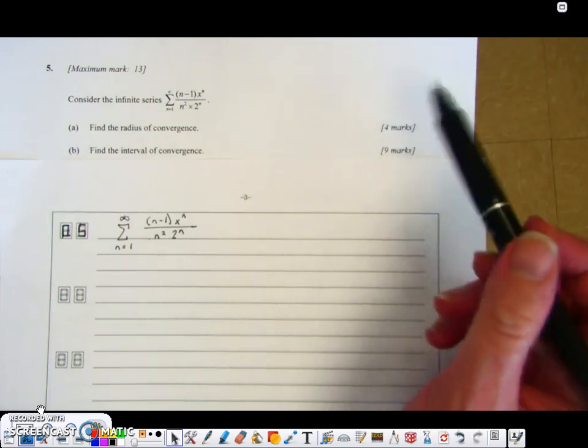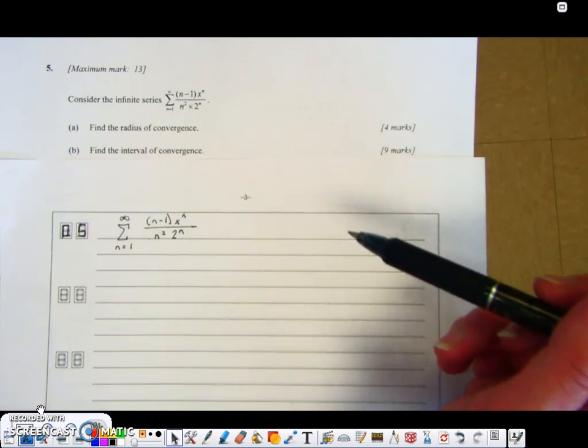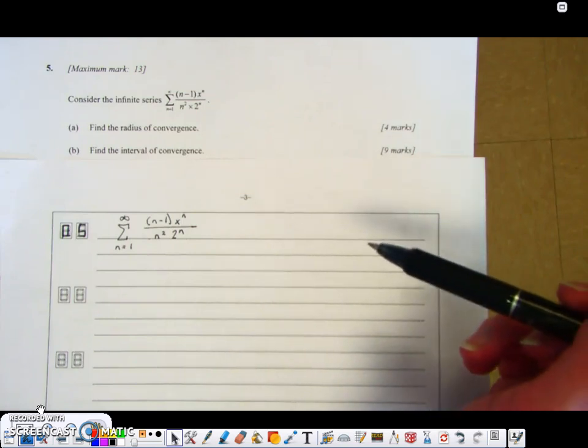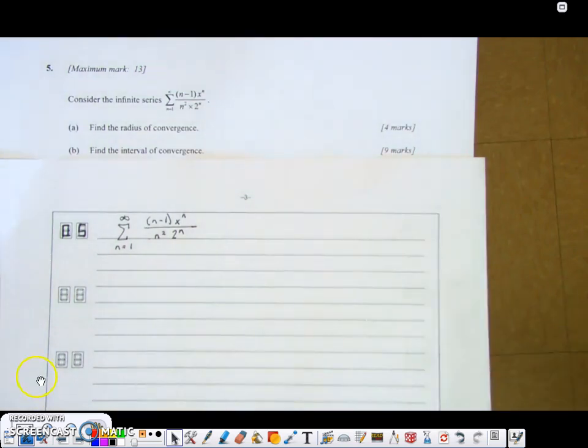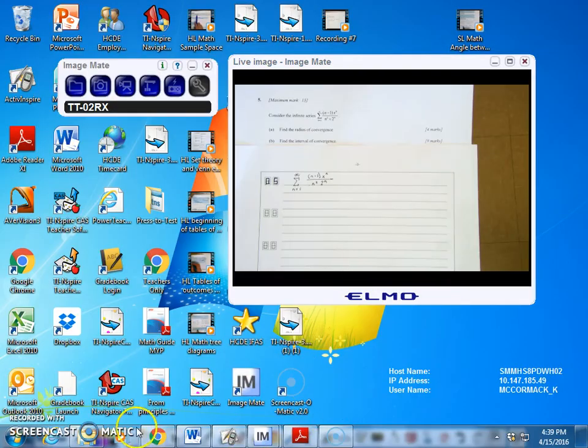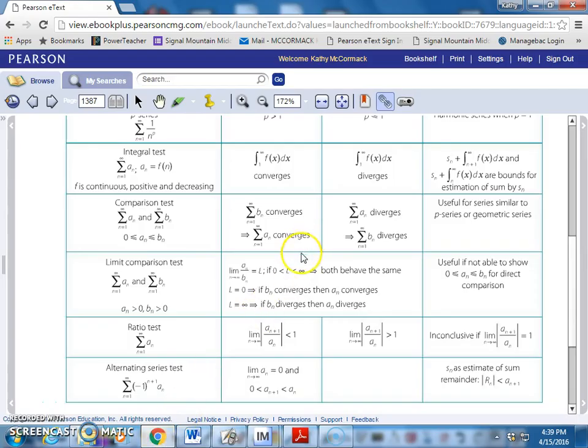And that's going to require different series tests, other than just ratio tests, in order to solve that. Okay, so the first thing you want to do is remember what your ratio test is. You use it usually when there are n factorials, lots of powers of n, things like that, and also for radius of convergence and interval of convergence.